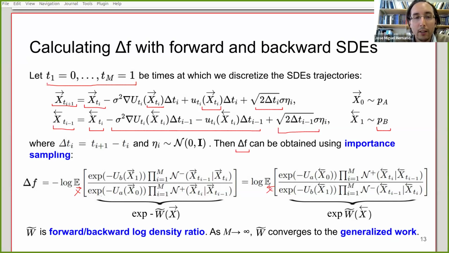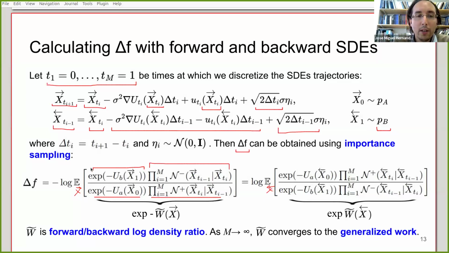So here you have the probability distribution for A without normalizing that. This is the density, the normalized density for PA. And then this is the Gaussian density of these updates that you do by solving the SDE forward in this discretized space. And then here in the numerator, you have exactly the same thing, but for the backward model. The backward model starts at a sample from PB, normalized, and then you have the Gaussian transitions given by this discretized SDE.